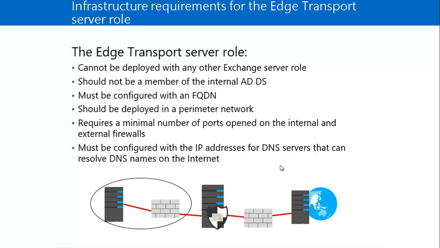The firewall configuration required for Edge Transport Server is greatly simplified because the server does not need to be an internal domain member. And if the Edge Transport Server routes your email directly to the internet, you must configure the server with the IP address of a DNS server that can resolve DNS names on the internet.